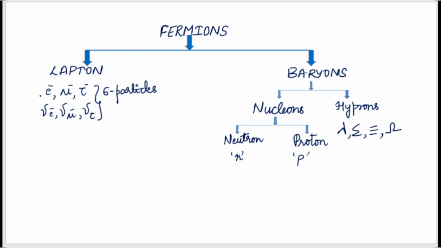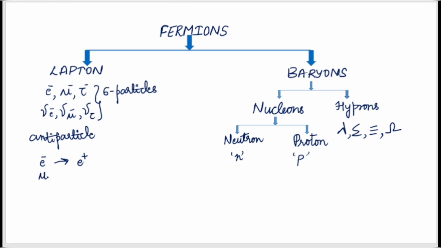Now, just now we studied about the leptons, right? Every particle here will be having the antiparticles. So under leptons we have six particles, and the six particles will be having six antiparticles. Electron will be having antiparticle, that is electron positive, that we call a positron.